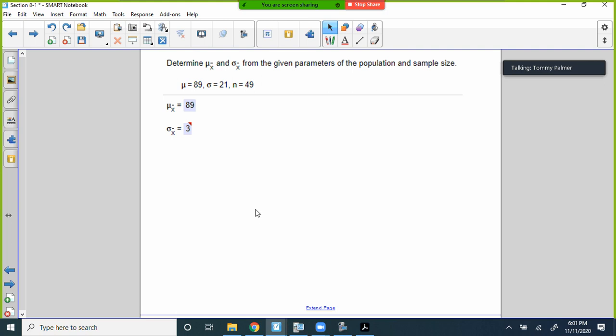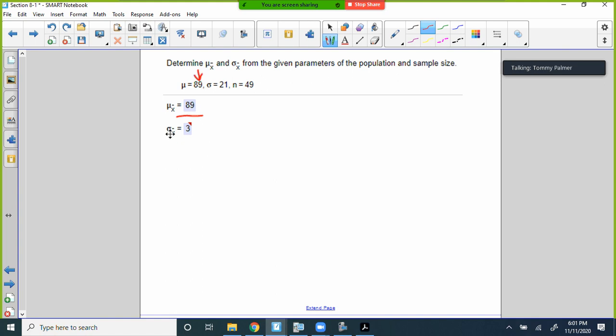This next part is a couple of the homework problems that you'll see. Determine the mean of X bar and the standard deviation of X bar for given parameters. If the mean of the population is 89, well, guess what? The mean of X bar, the sample mean, is 89.